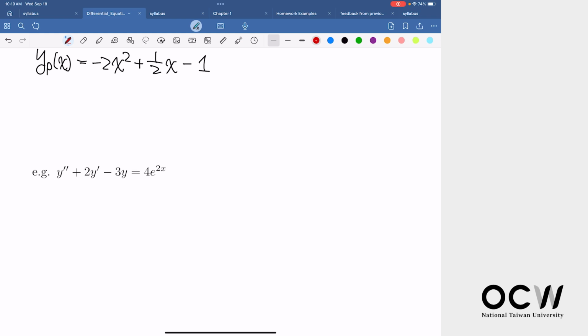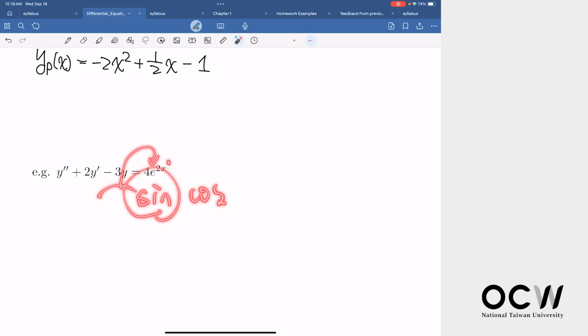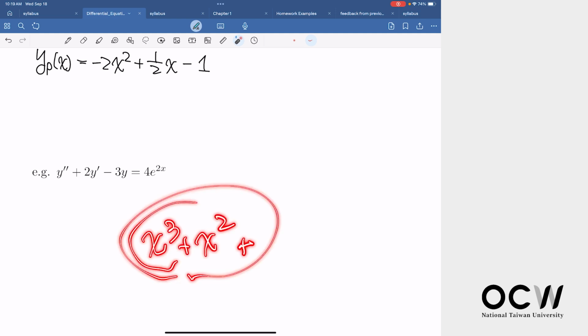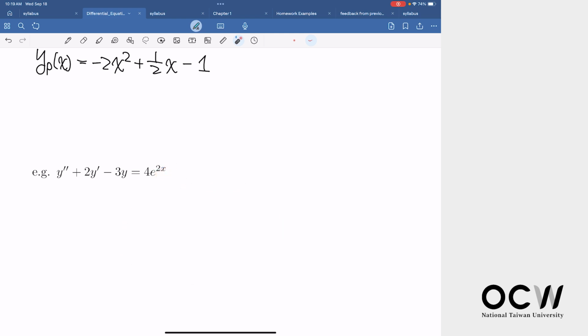We cannot say that my particular solution is sine or cosine, because when I take the derivative, they won't become the exponential, or even polynomials. Because when I take the derivative, I cannot change these polynomials to exponential. So only if the particular solution is exponential, that may satisfy this forcing function.